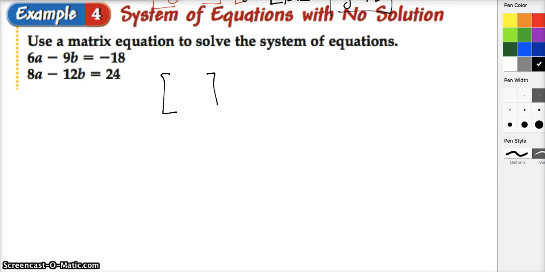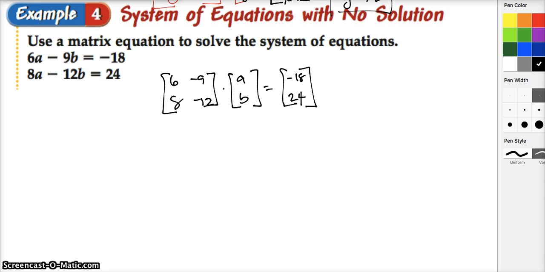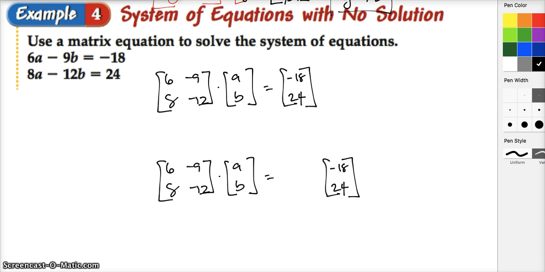Example 4 gives us an opportunity to consider what would happen if we had a situation where there was no solution. So again, we're going to set up our matrix equation as we did before, and in this case it's negative 18 and a positive 24. I'll separate this out a little bit so that I can leave room for my inverse matrix.